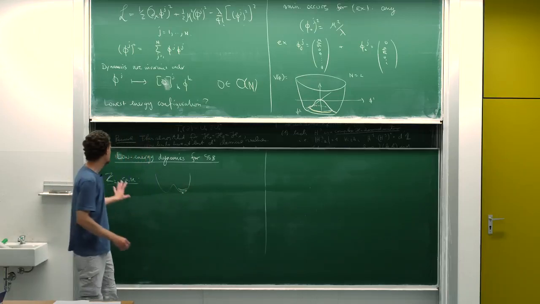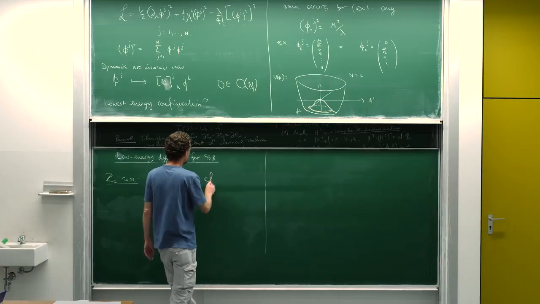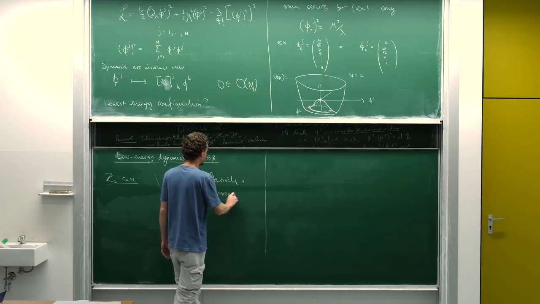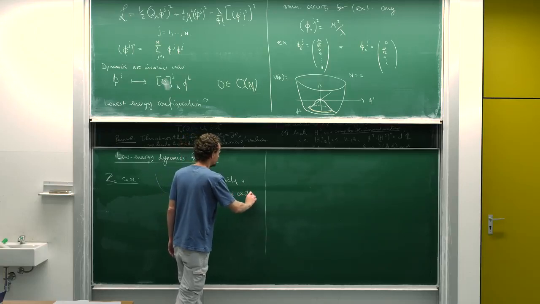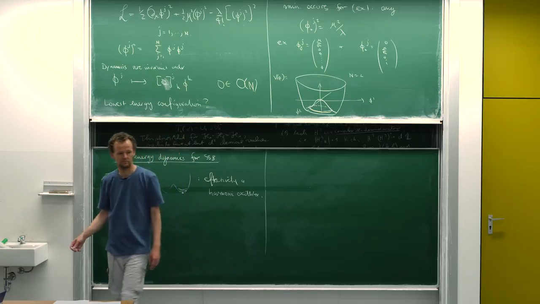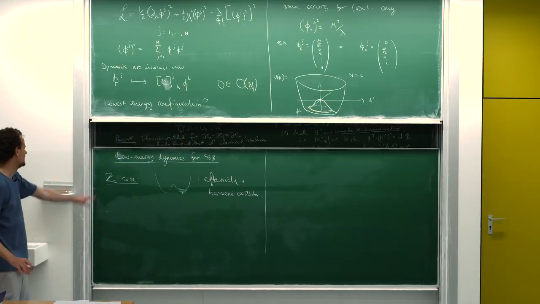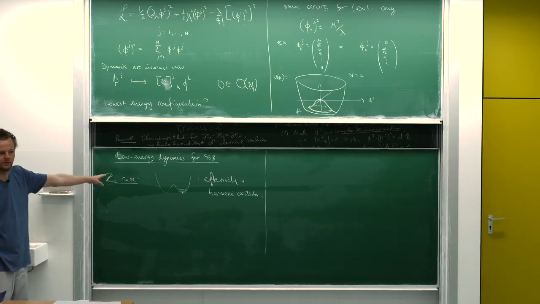So effectively, the low energy dynamics are that of a harmonic oscillator with some corrections for a classical symmetry broken system. All the classical Z2 broken symmetry systems behave more or less like this.